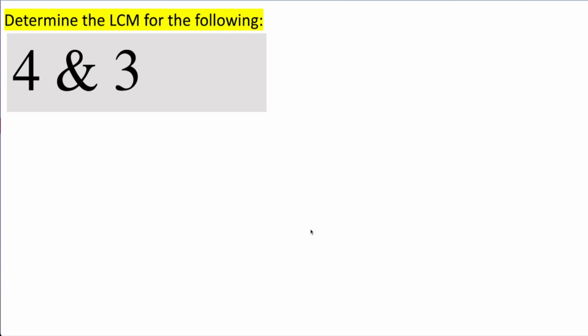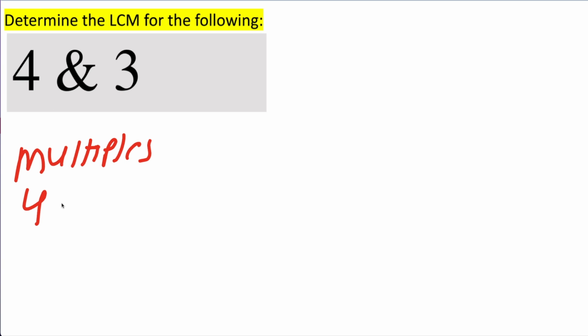Okay, we will do 3 problems next, and so if you want to pause the video now and attempt this problem, feel free. So again, we got to get the multiples of both 4 and 3, so we can write the word multiples, and we need to do it for both 4 and 3.